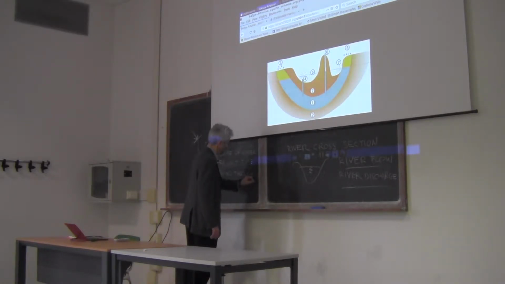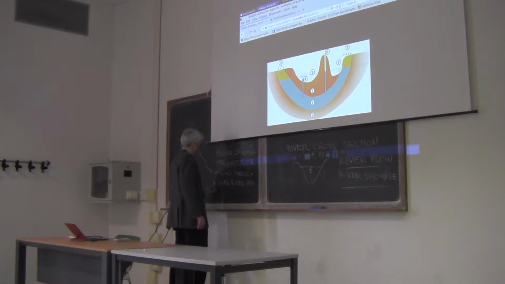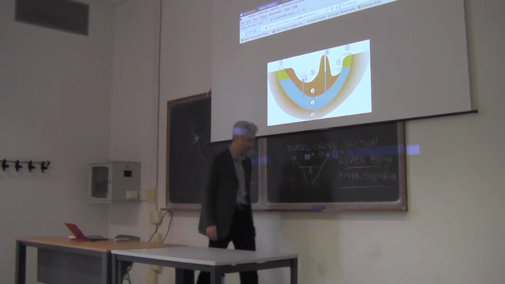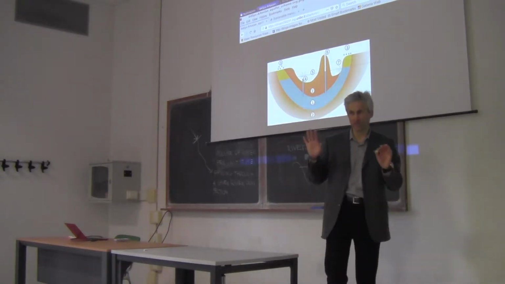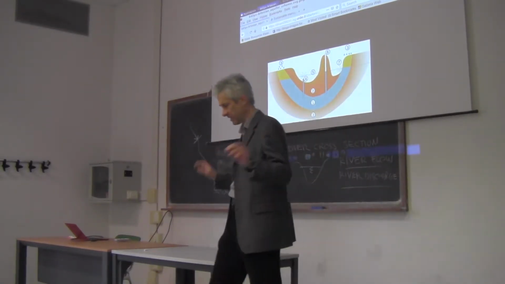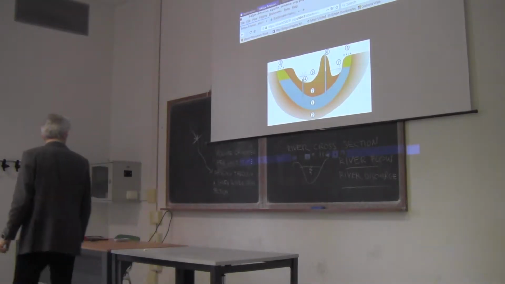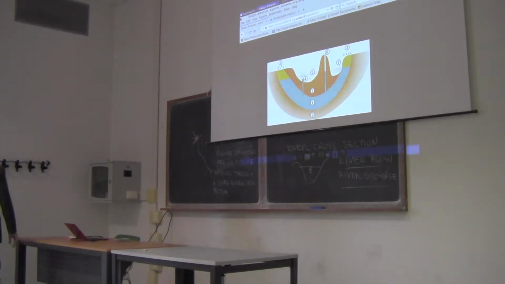So volume of water per unit time that passes through a given river cross section. It's very clear. Of course, from that river, you cannot get more water than the river discharge. You have to take less.